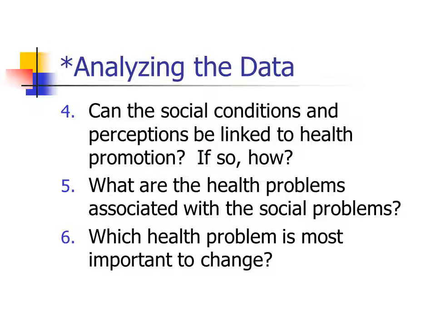Then we want to look at those social conditions and whether or not they're linked to health promotion, and if so, how. So what's the relationship between income and education and health? What's the relationship between crime and health? What's the relationship between housing in the community and health? So, those are things that we want to look at.